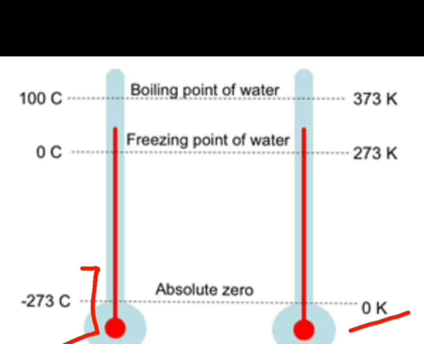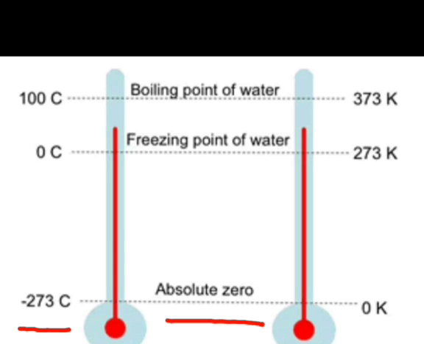So this temperature, which is below 0 degree Celsius, minus 273 degrees Celsius, is known as absolute zero temperature.